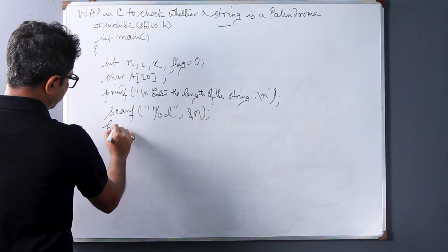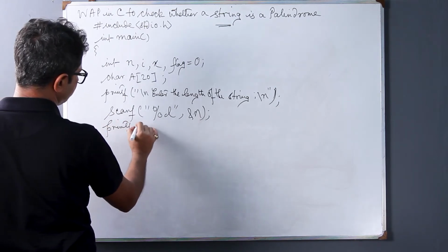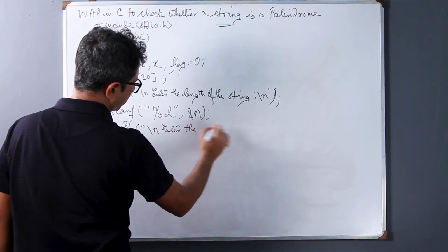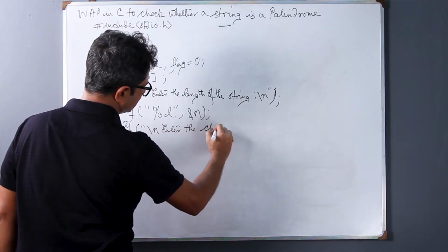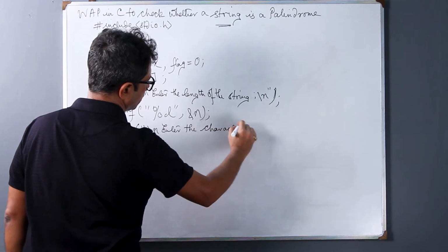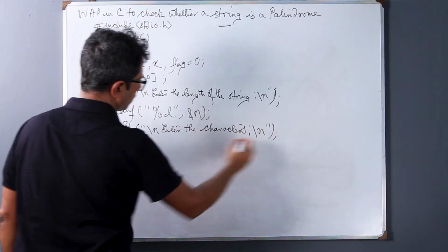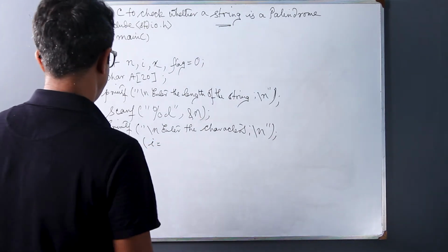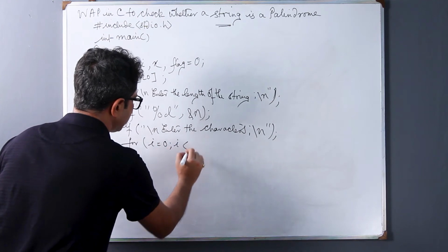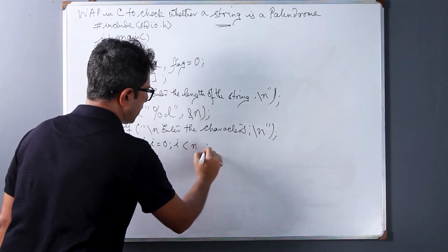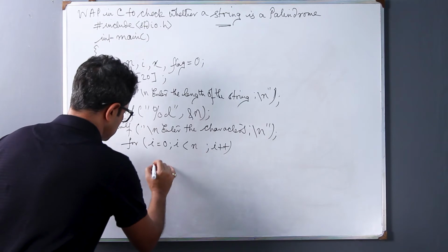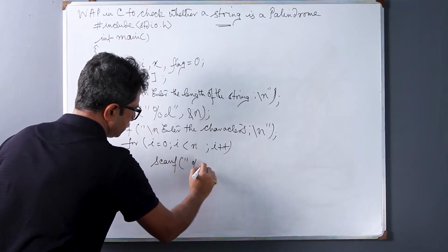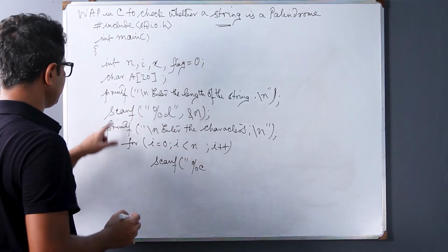Then printf, enter the characters, new line, for i is equal to 0, i less than n, i plus plus, scanf %c, because we have taken a character array.